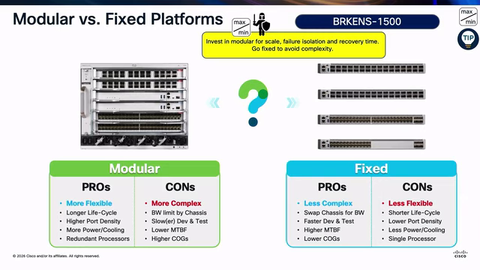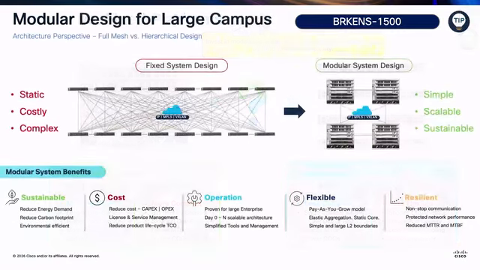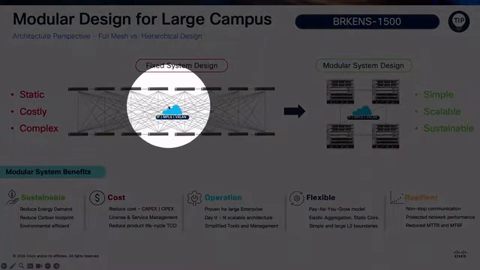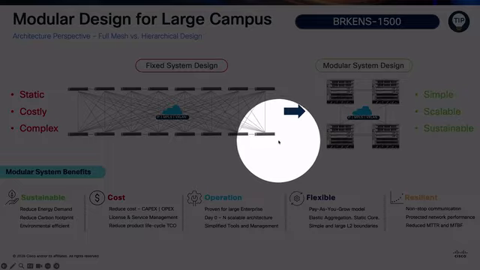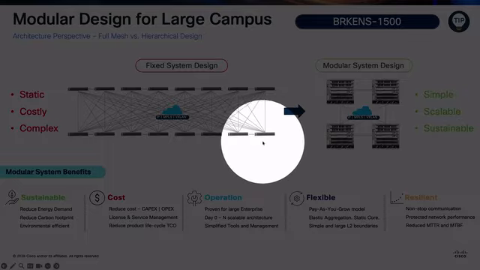So the rule of thumb is go for the modular if scale, resiliency, and recovery time are of the most importance for you, and go for the fixed if you want to keep it simple. But everything that is too simple can actually become very complex over time. So if you decided to build your network only on pizza boxes, then if you need to add another, well, you're ending up in a full mesh network. What happens if you need to add one more port?